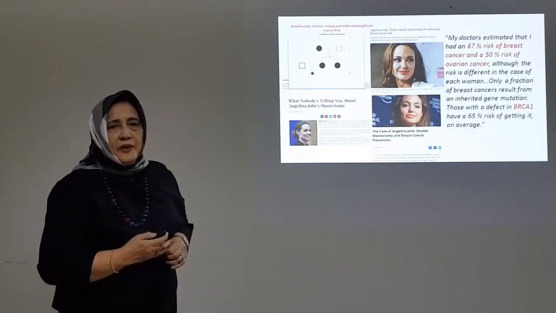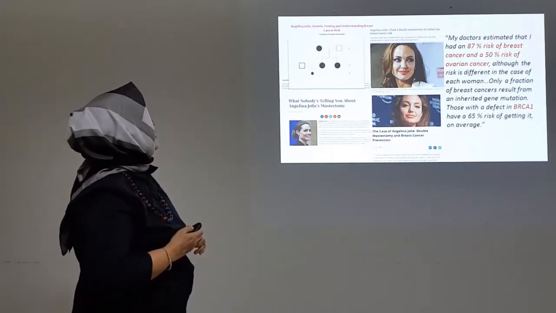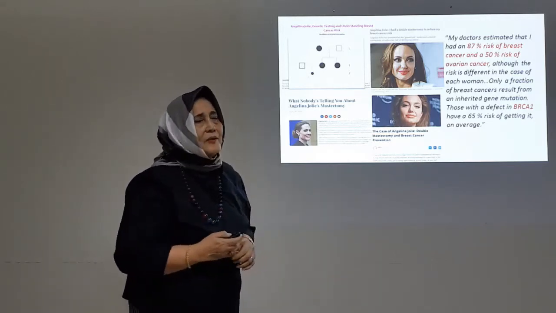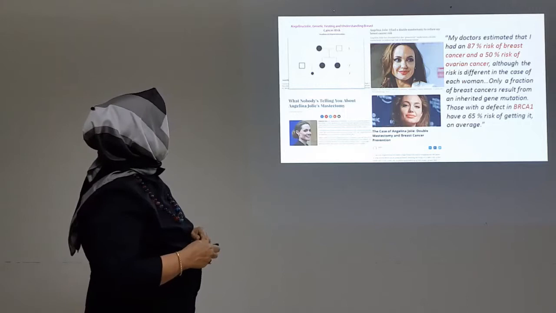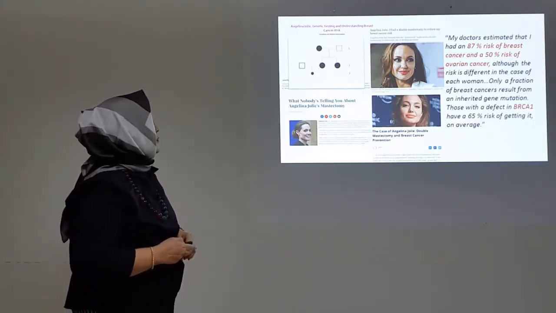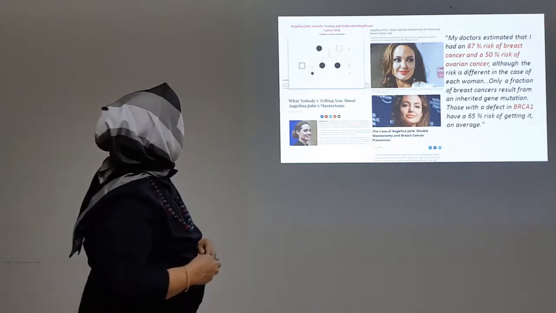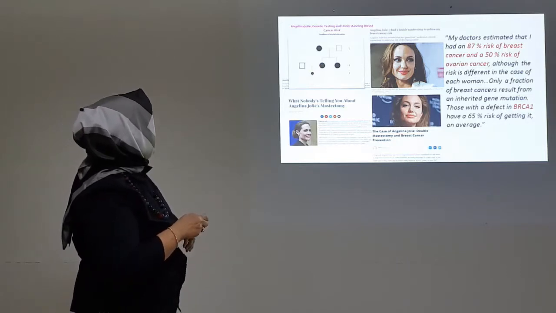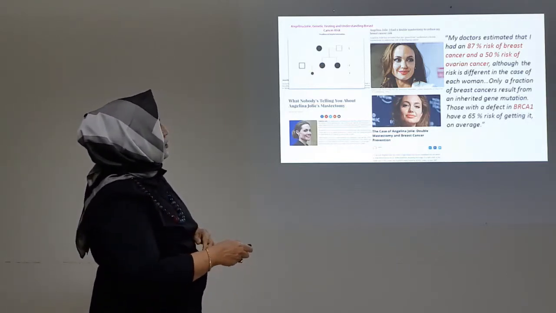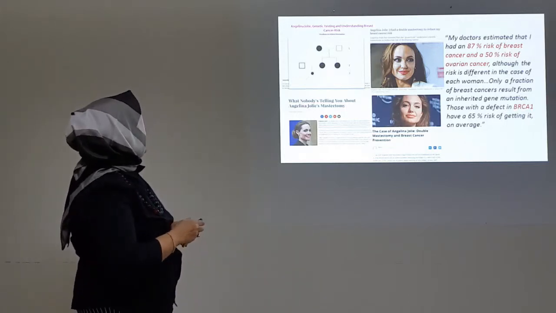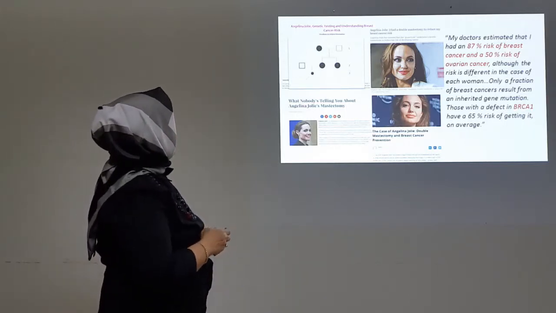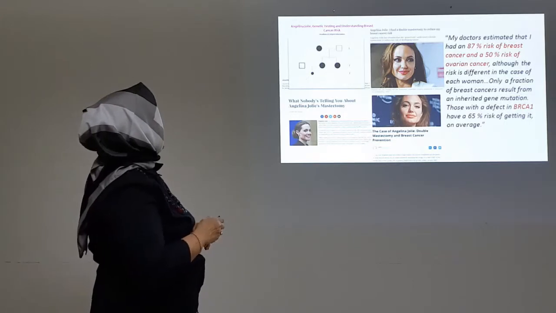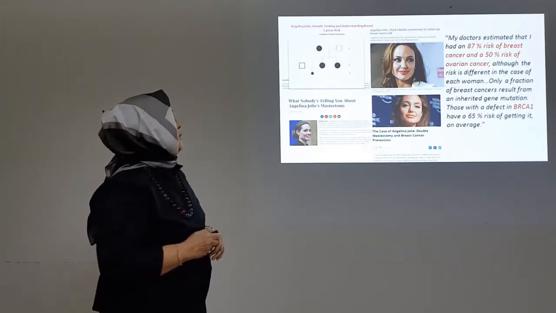This picture, I think everybody knows, is quite famous. Angelina Jolie. Why did she become very famous? She is a film star, but she's famous because of her decision to do the bilateral mastectomy. What happened with her? Look at this pedigree. She is actually a carrier of BRCA1, and her mother passed away because of breast cancer, her auntie passed away because of ovarian cancer, and her grandmother also passed away because of breast cancer.